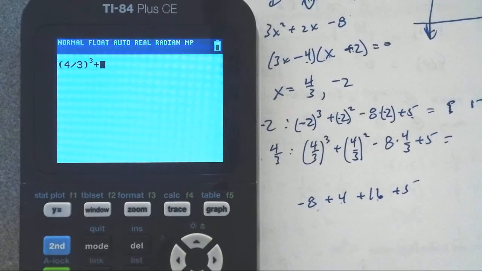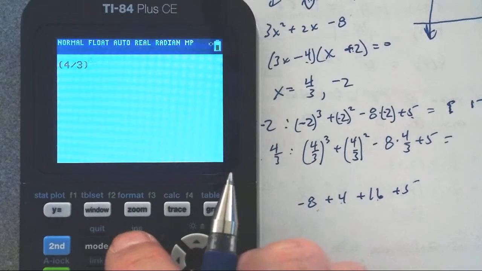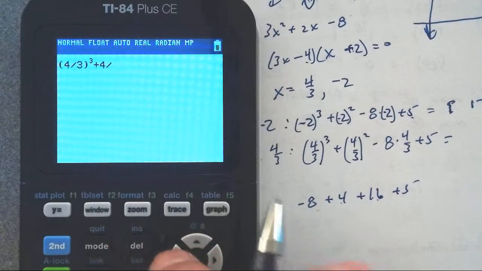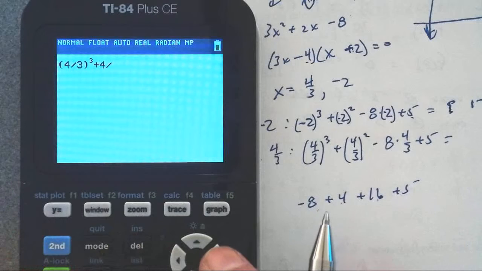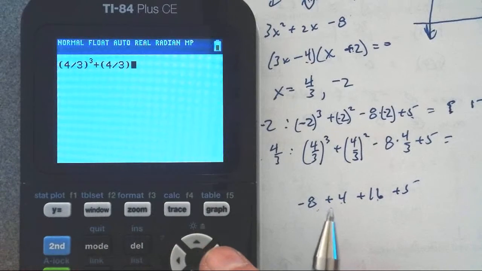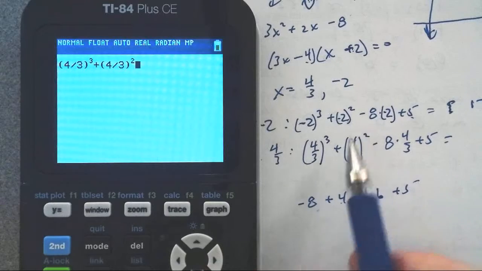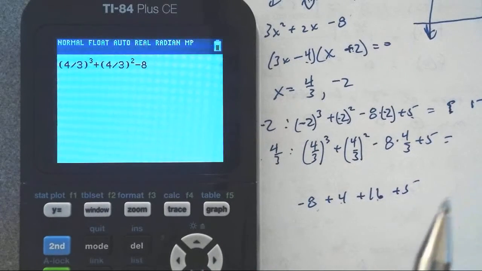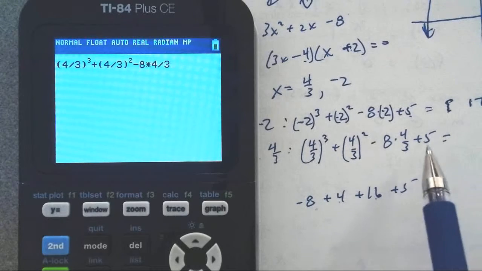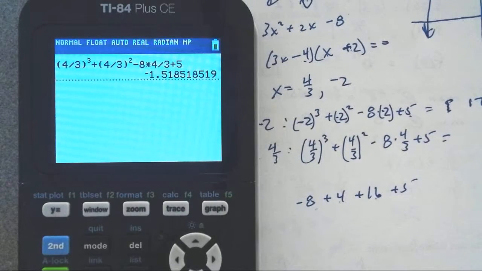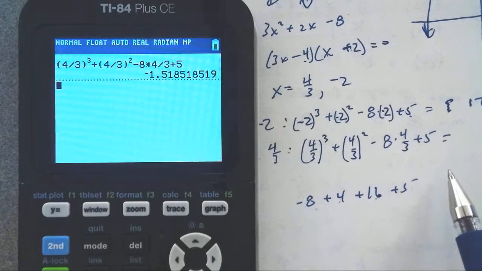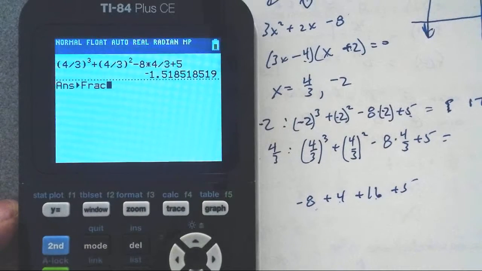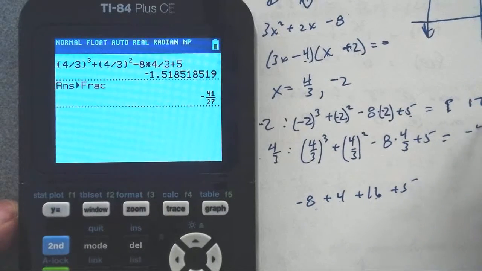Plus 4/3 squared, minus 8 times 4/3 plus 5, and we get that as a decimal. I'm going to go ahead and write it as a fraction, negative 41 on 27. So yep, we made it down below 1, not quite, about down to a negative 1.5 here.